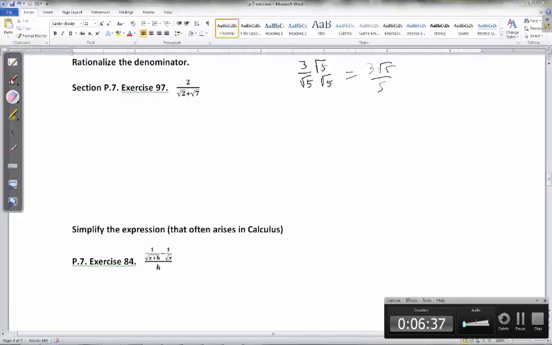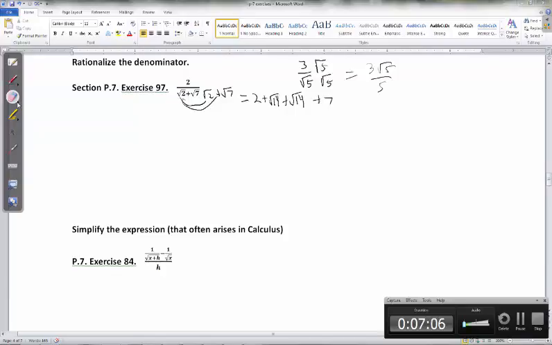Unfortunately, it's not that simple. Because if I multiply by square root of 2 plus square root of 7, I'll just ignore the numerator for now. That's going to be 2 plus 7, but you've also got the cross terms. So it'll be plus square root 14 plus square root 14, and I still have a root on the denominator.